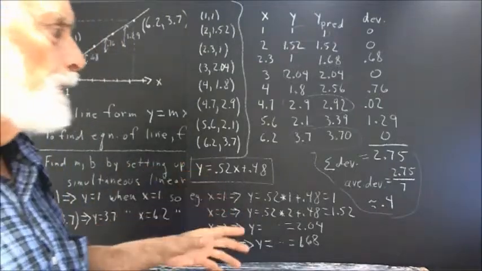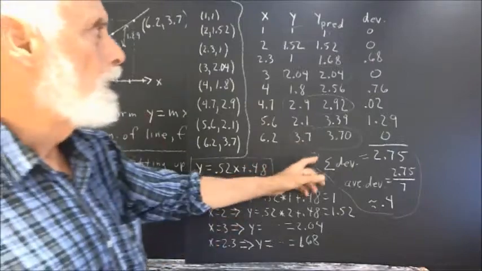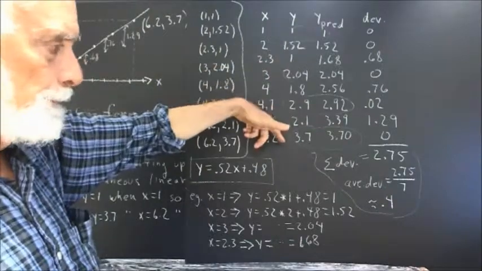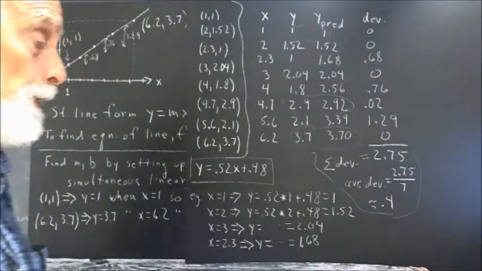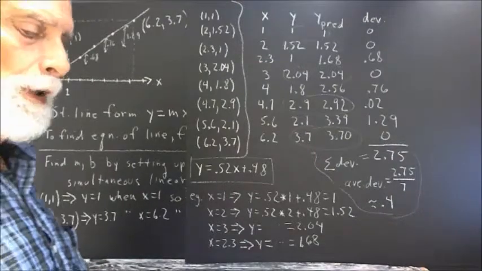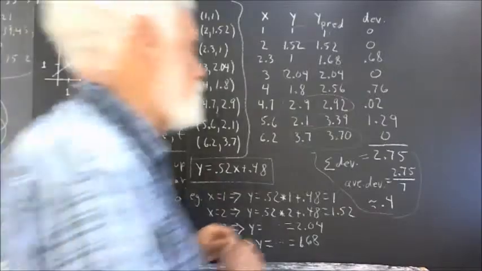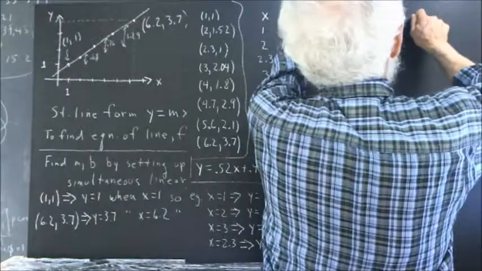There are very good reasons why we think that the standard deviation of the data points relative to the prediction is our best measure of how well we did with our prediction. So we're going to calculate a standard deviation. What do we do to calculate the standard deviation? Well, we average the squared deviations and then take the square root.